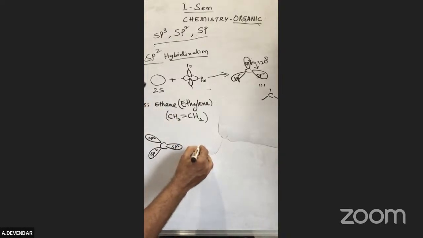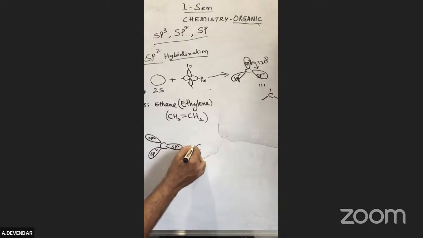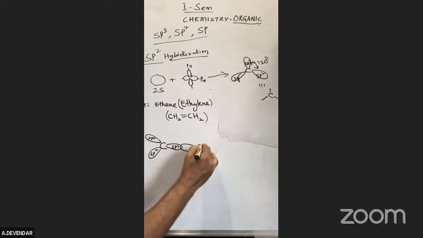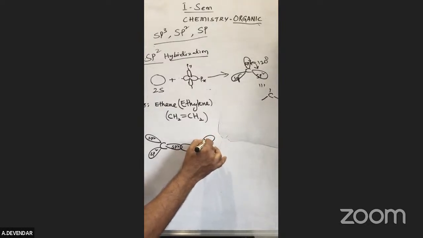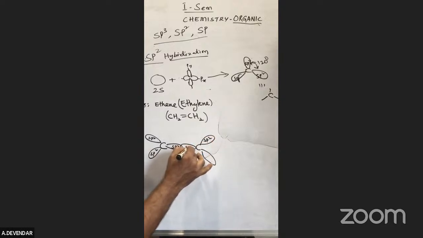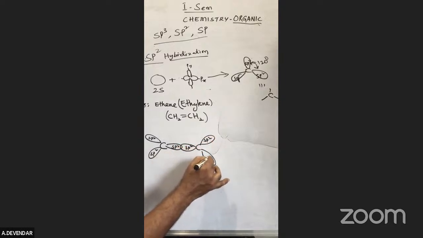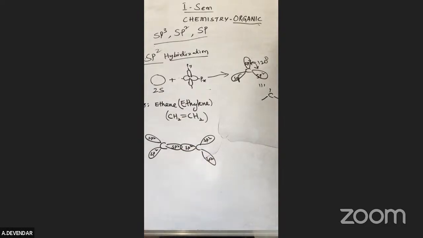One more carbon is there, with one more sp2, and another sp2. Between the carbon and carbon, one sp2 and another sp2, head-on head overlapping takes place, forming a sigma bond.